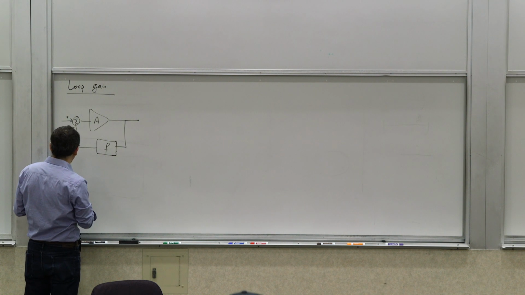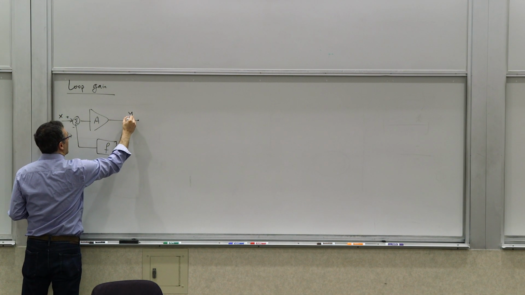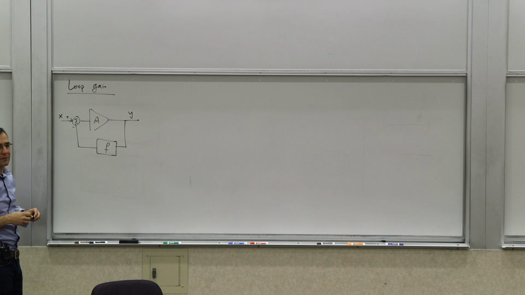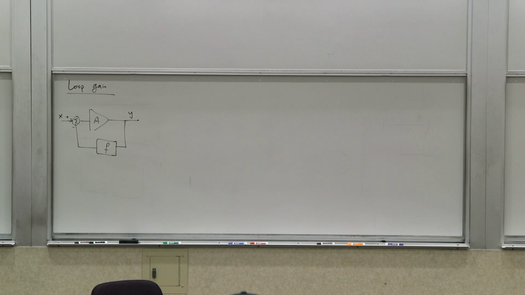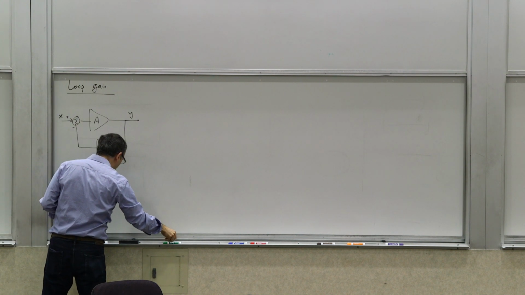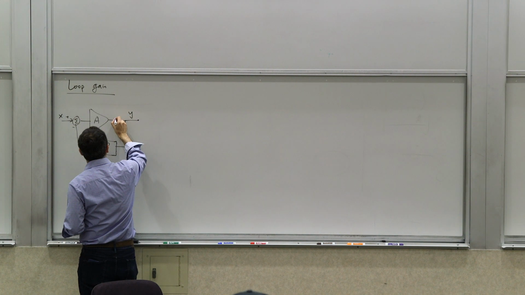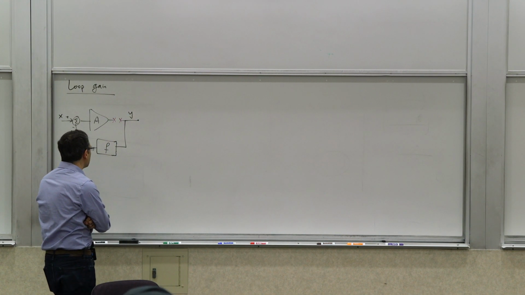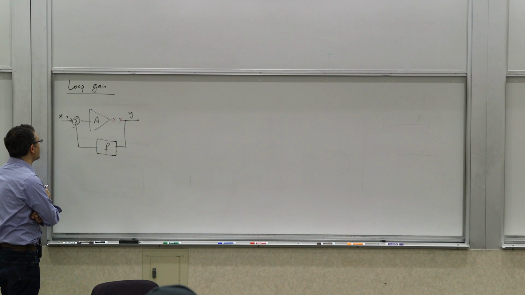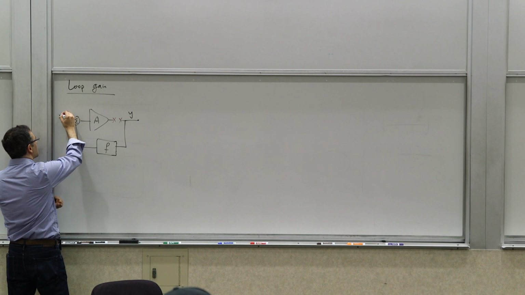This is the way a lot of control theory books draw a feedback loop. If I break this loop, make a cut here, what would I see in the absence of an input? So x is 0.